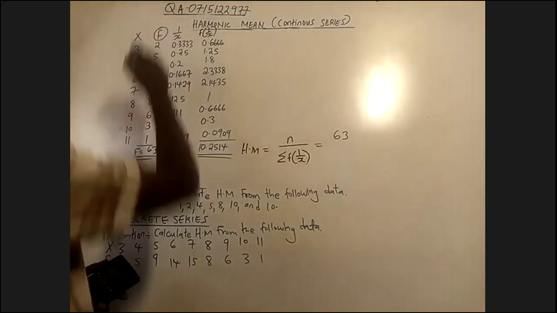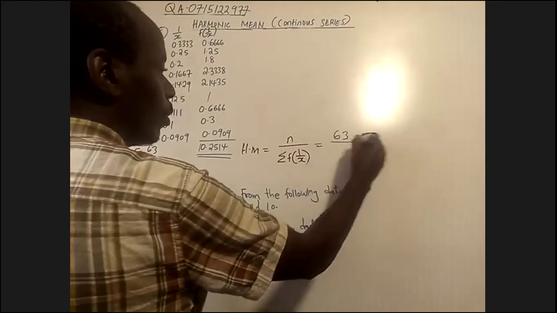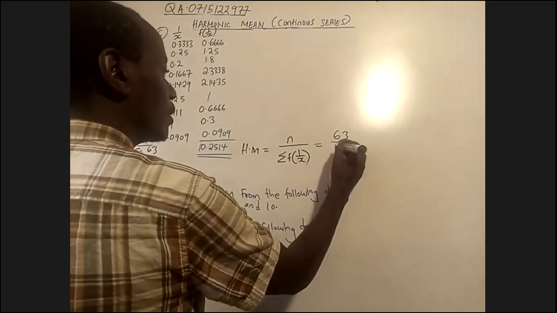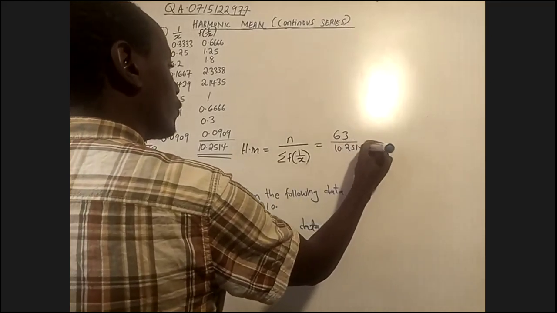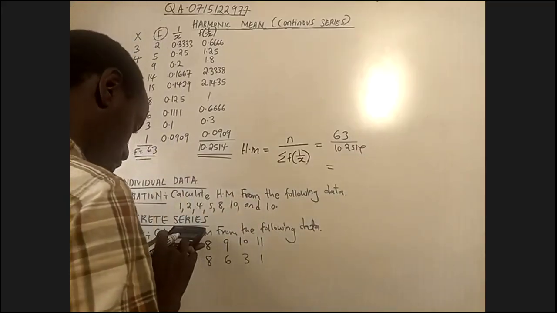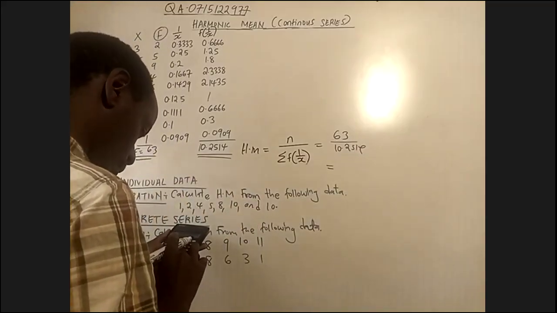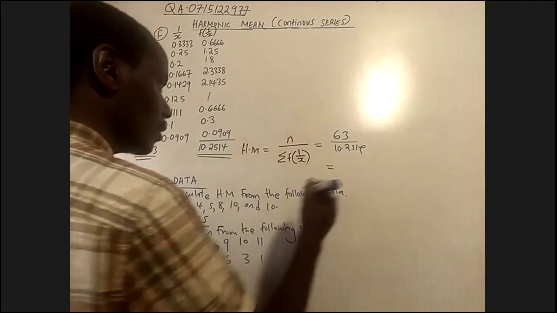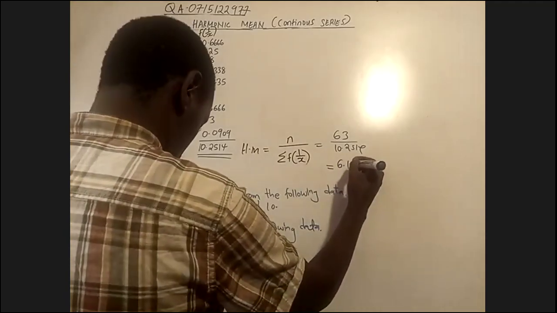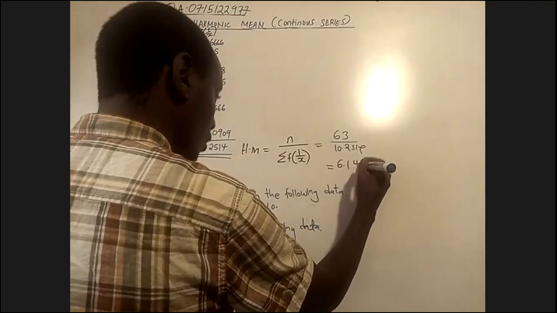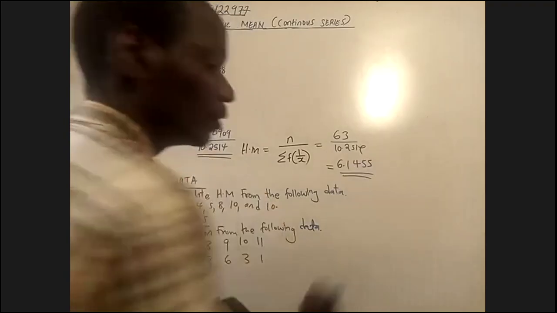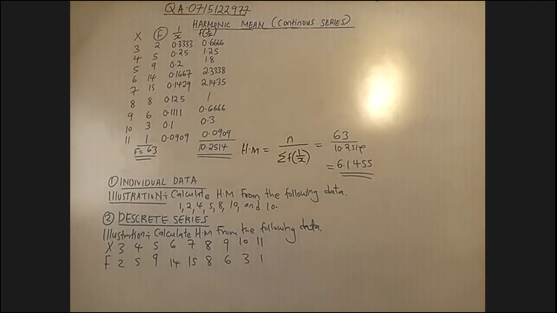Because already we have frequency, it will be 63 over 10.2514. So 63 divided by the answer, here it is 6.1455. So that is the mean of that question.